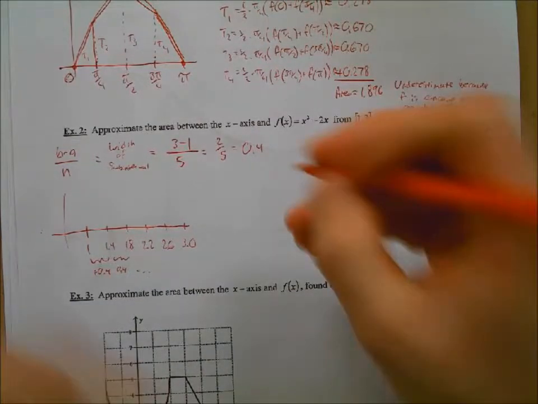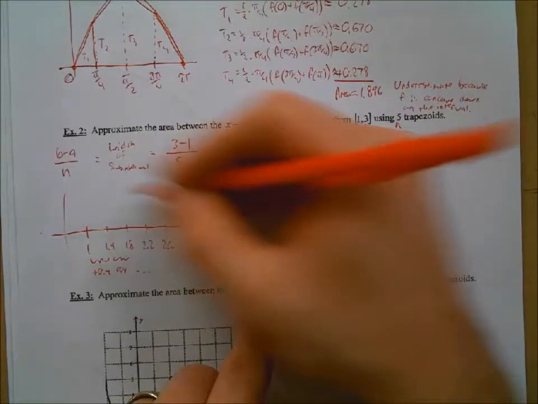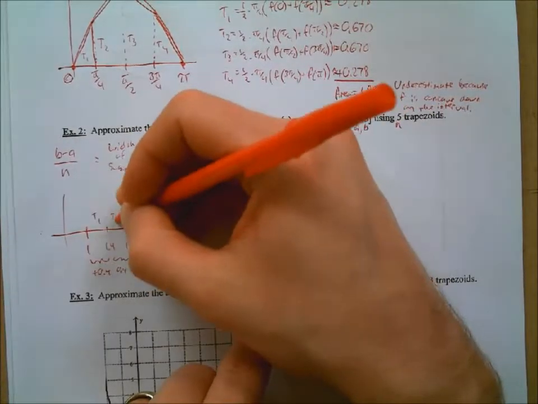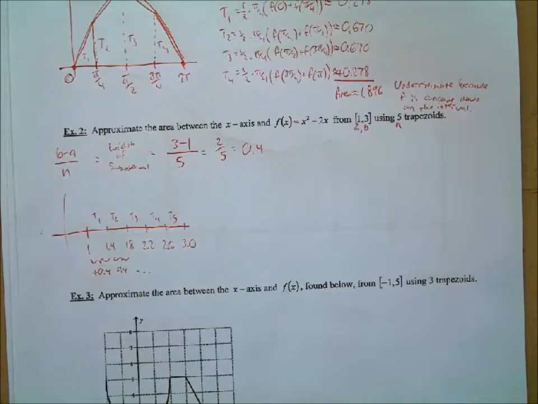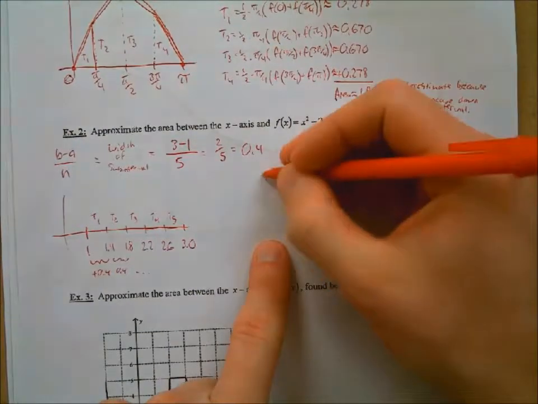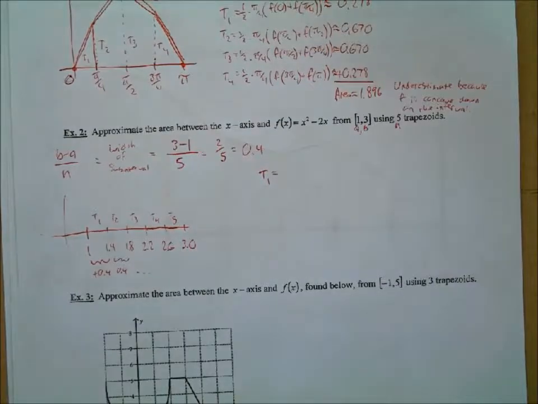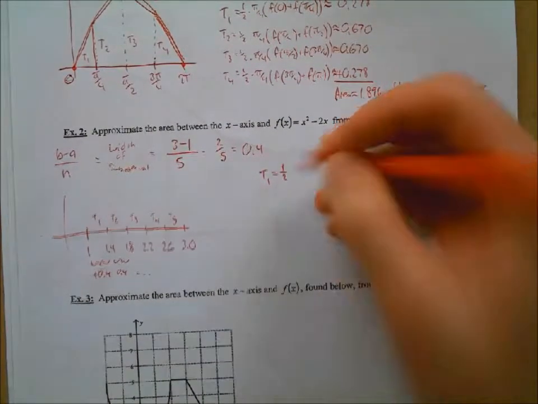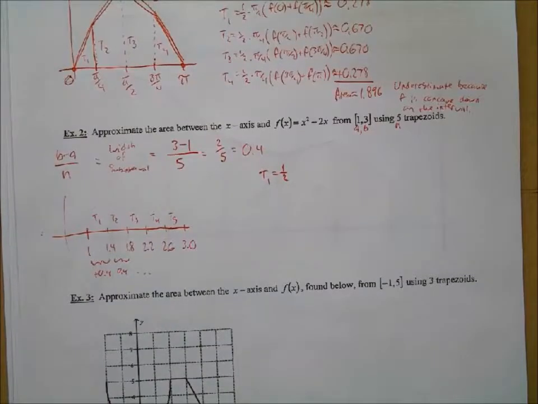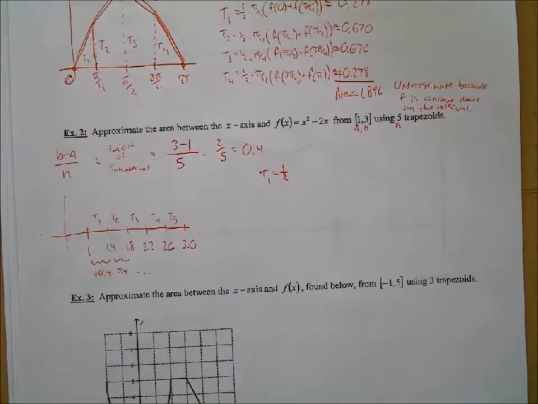So for that first trapezoid, here's T1, T2 will be right there, T3, T4, and then T5, however those are going to be drawn. T1 will be 1/2. What's the height of our trapezoid? 0.4, 2/5, yep.